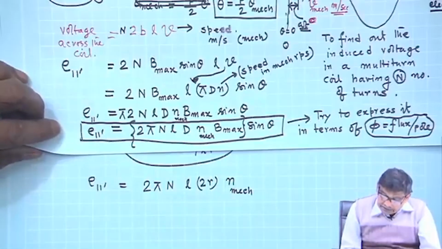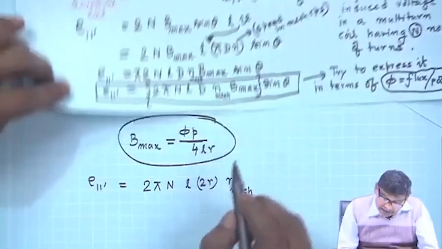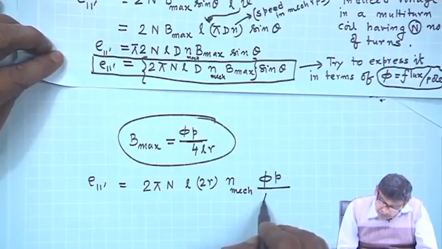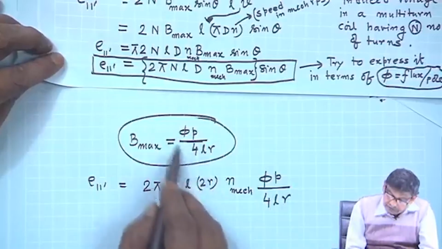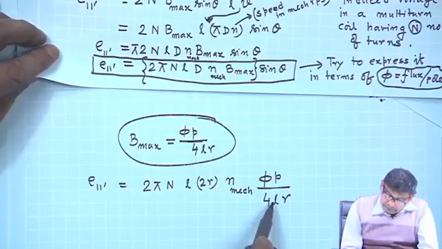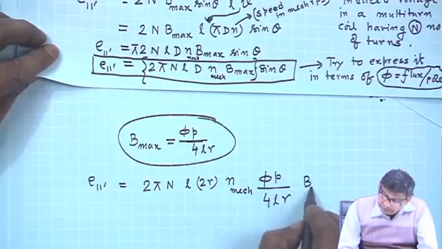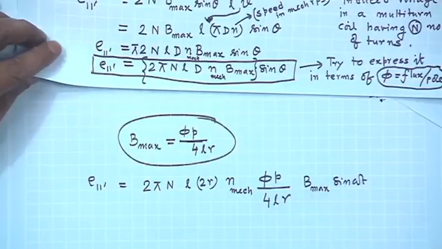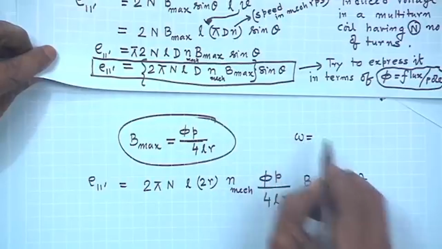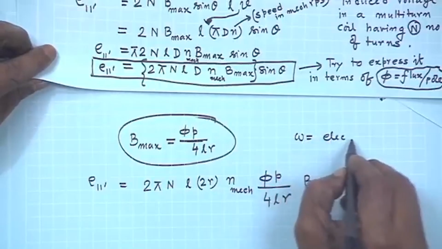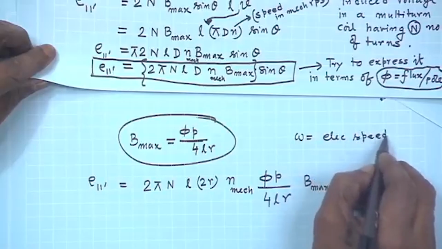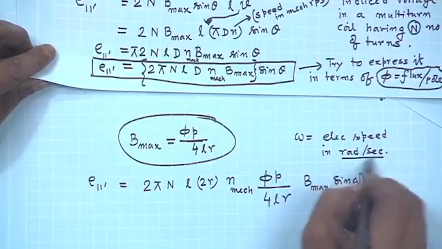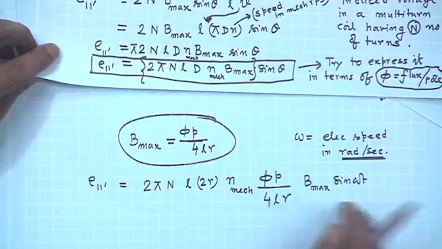Mechanical speed it indicates, and then B max, and for B max write phi P by 4 L R from this, and then into sin omega t. What is omega? Omega is the electrical speed in radian per second. Okay.